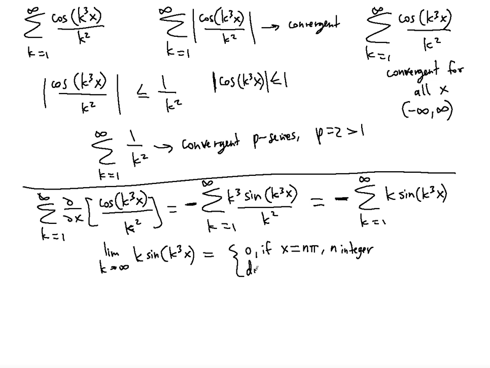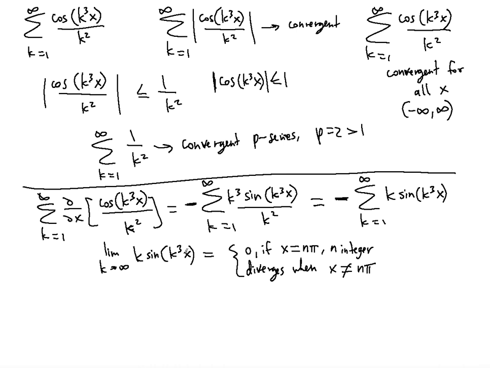Now it diverges when x is not equal to n pi, right? Because if you take k to infinity, it will simply diverge. Other x values that are not n pi, with n an integer, will not make sine 0. The k to the third will also make the sine take different values for non-multiples of pi.